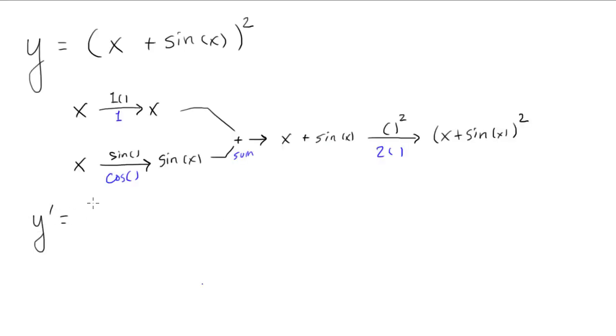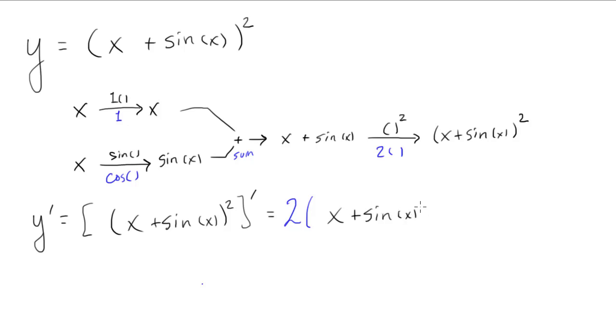Now for the chain function. Y prime is the derivative of the function that came from the square, so its derivative is the 2 times function. That's a chain structure, so I multiply by the derivative of the input function, x plus sine x.